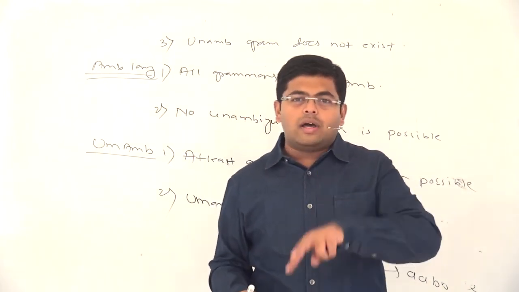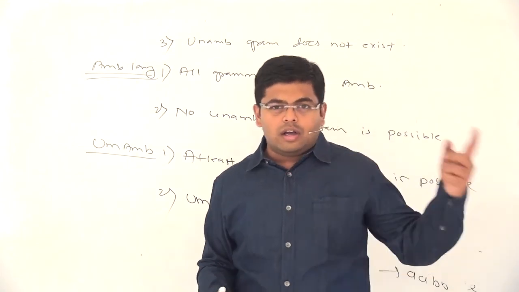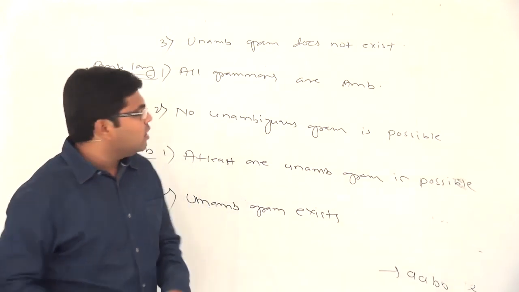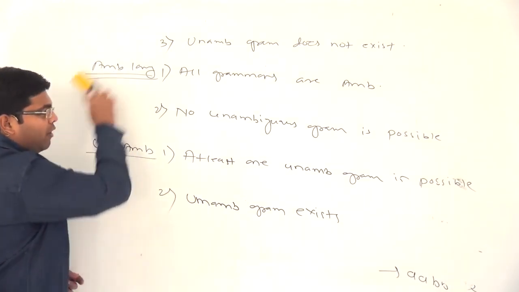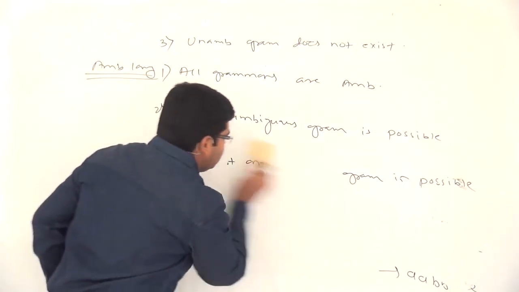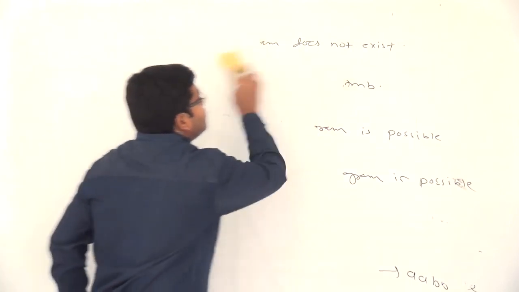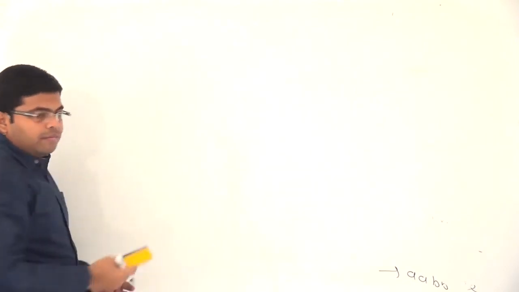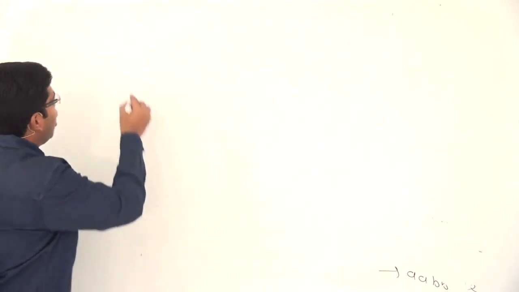Grammar again can be either ambiguous or unambiguous. One more angle we can have after you are clear with this definition: we will draw a diagram like this.